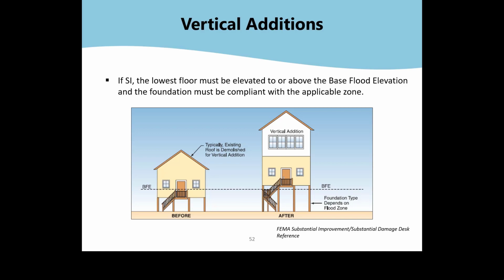But you could have situations where, if it's an older building, it may not have been built on piers or pilings. If it's in a V zone, then that would need to be changed as part of the substantial improvement, and it would need to be placed on piers and pilings.